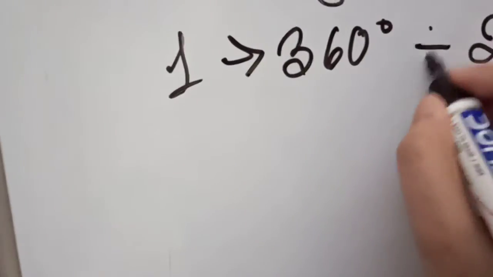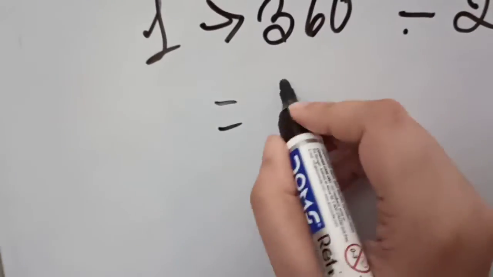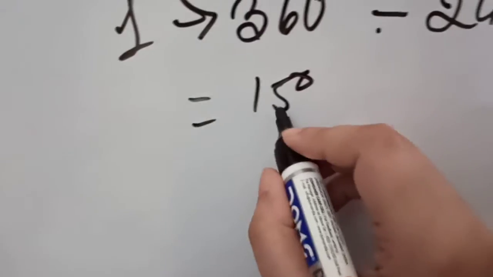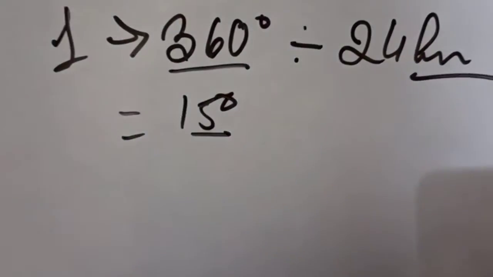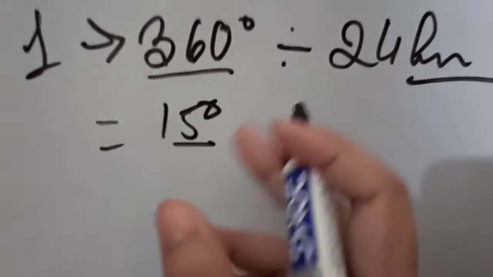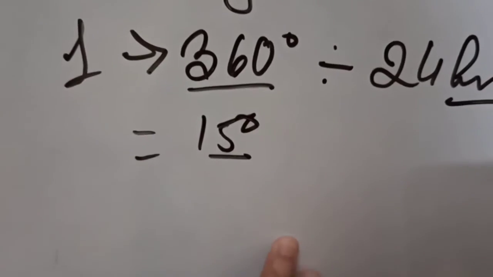So if we divide this 360 by 24, we will get the value of 15 degree, because we have 360 degree on the earth's surface. So if we divide it by 24, we will get this 15 degree.